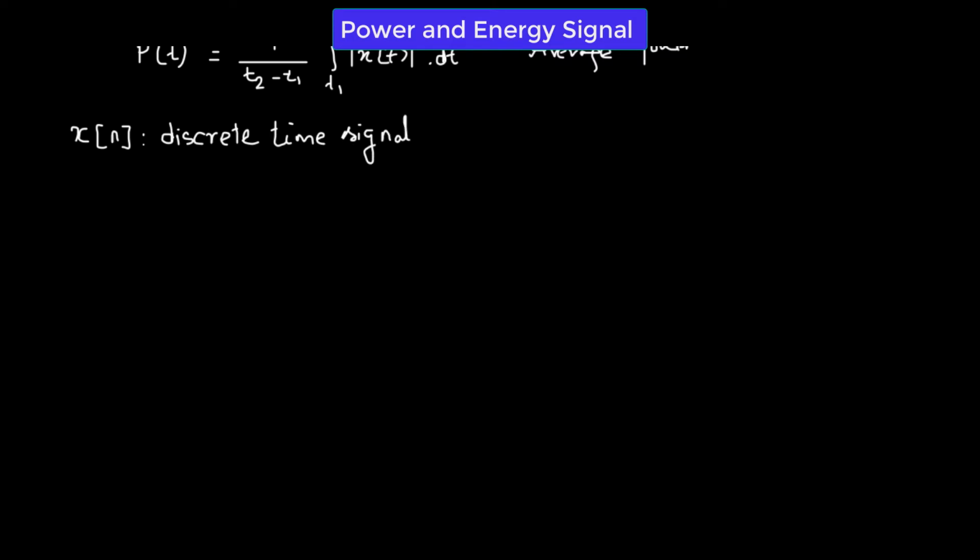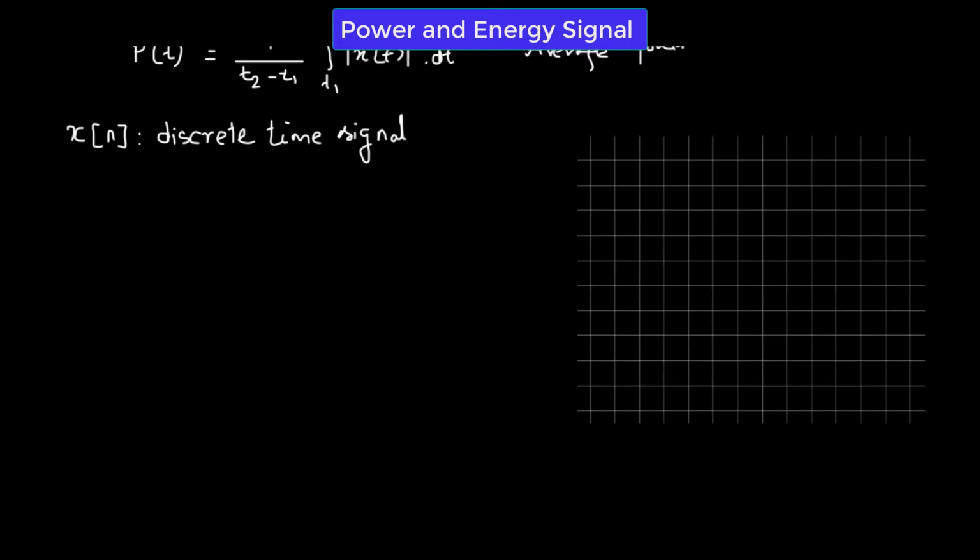So a discrete time signal means we have our x-axis, let this x-axis be the discrete time axis denoted by little n, and we have the y-axis, which is where the values of x of n are going to lie.